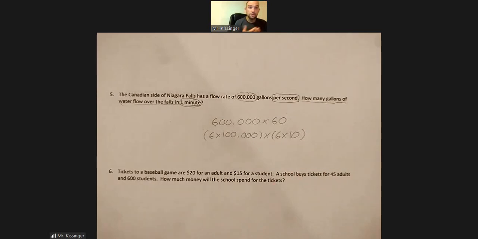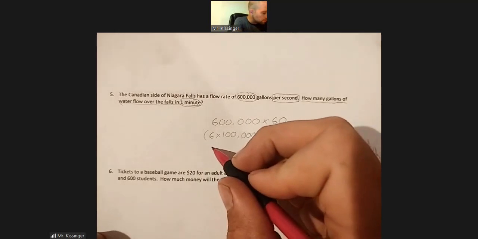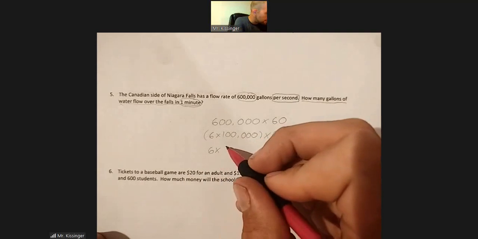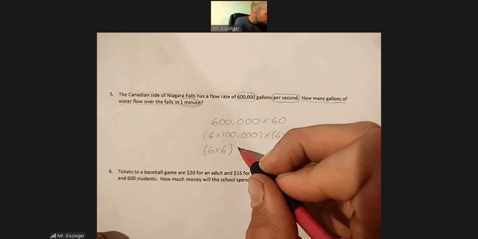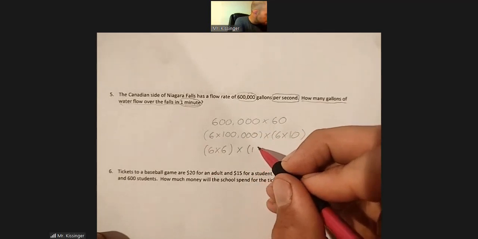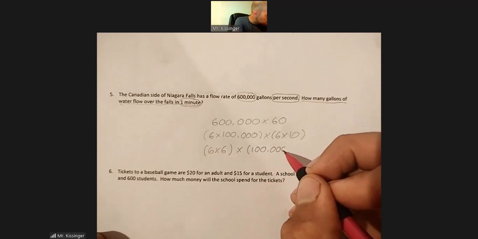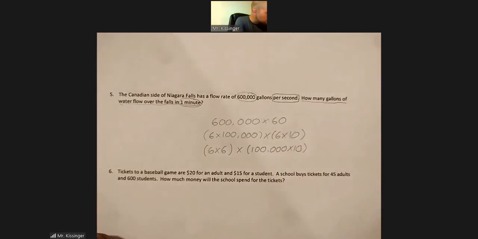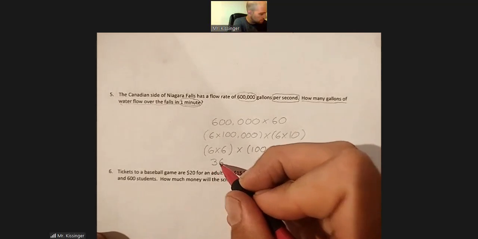Now we'll use our associative property of multiplication to change our order. So we can do a nice easy multiplication problem like 6 times 6. And then we'll multiply that by 100,000 times 10. 6 times 6 we know is 36.